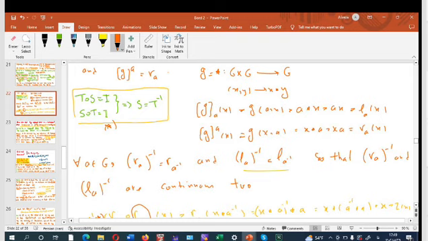I write this again for you. L_a of x equals a x, and R_a of x equals x a. So these two are continuous because G is a semi-topological group.